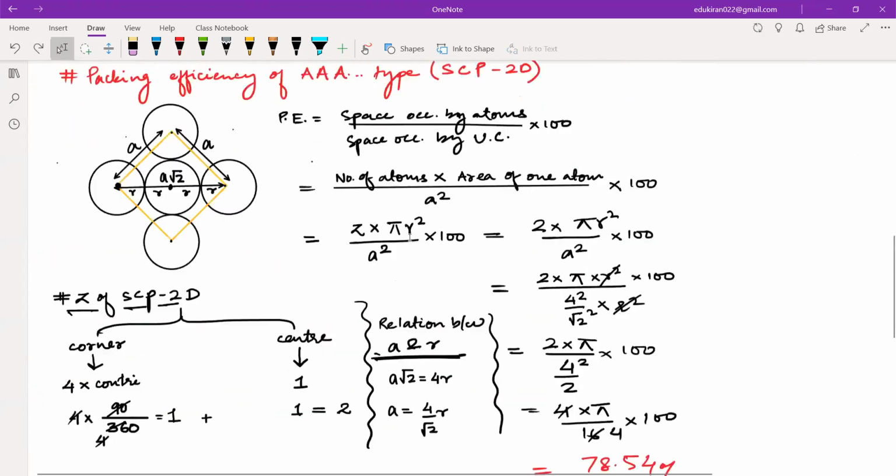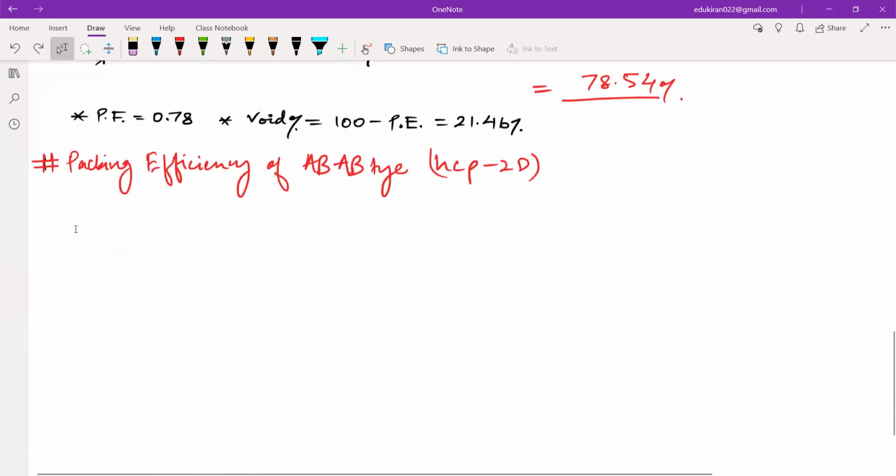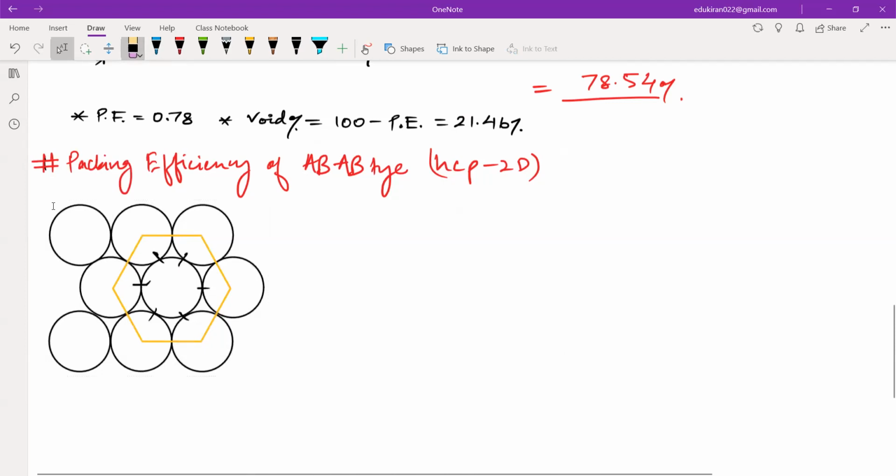Oops, I lost 2 atoms. Yeah, so this is our packing.